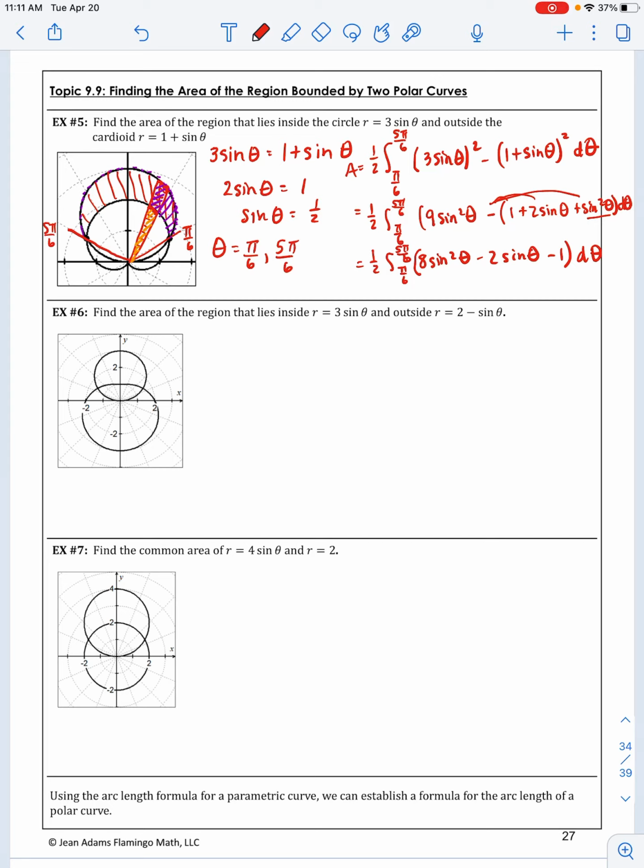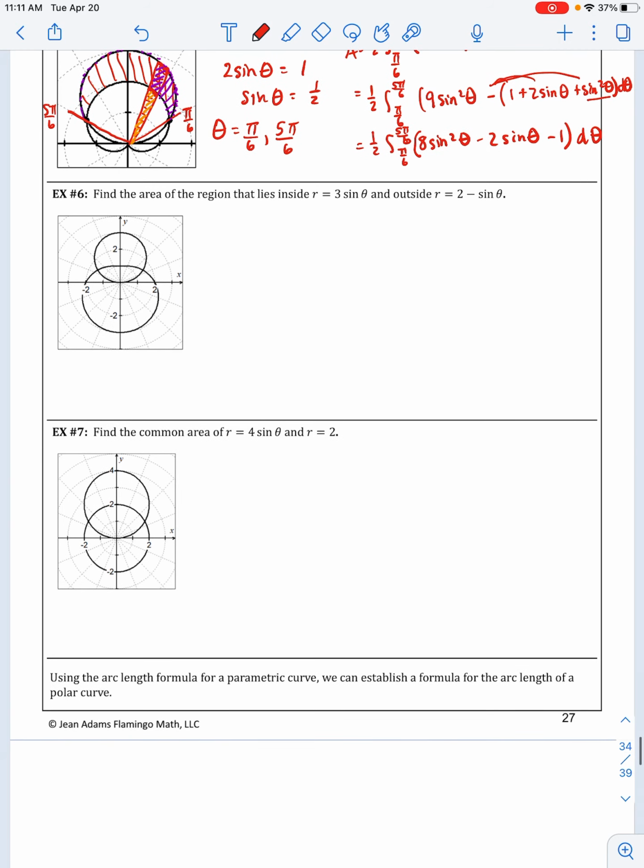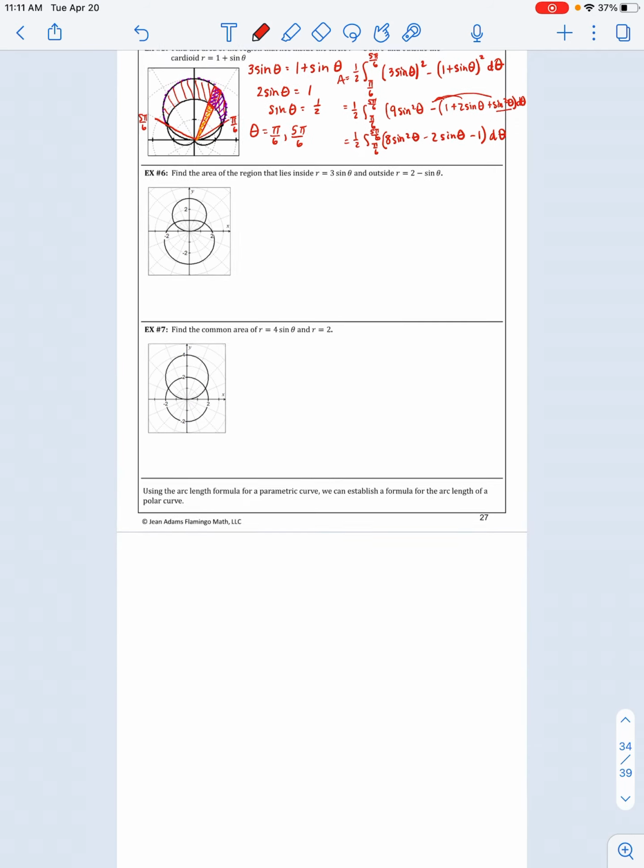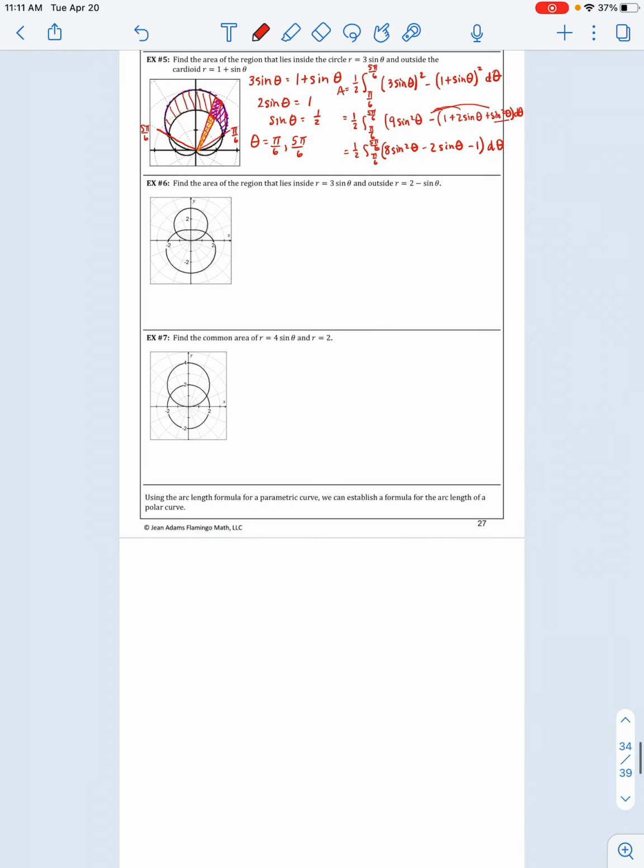And now I'm going to substitute my sine squared with 1 minus cosine 2 theta. I have an extra page here just for this, so this is going to be example number 5 continued.